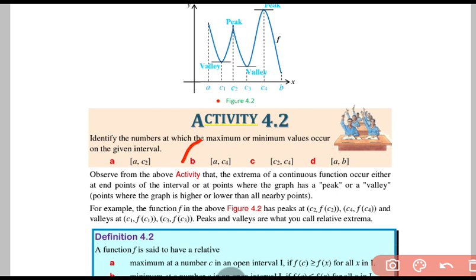Between a and c4, what is there? On c1 there is valley, on c2 there is peak, on c3 there is valley also.